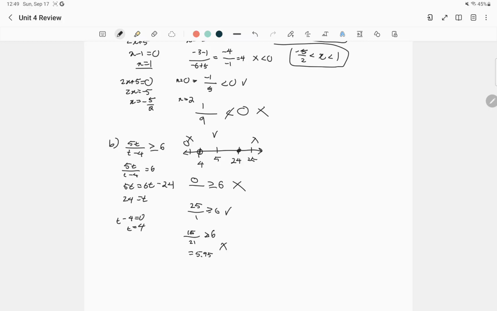So this far interval doesn't work. So our answer is going to be x must be greater than 4, and it must be less than or equal to 24. And that is our interval, which is nice.